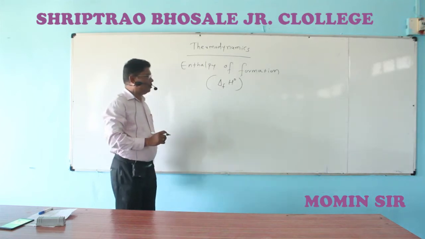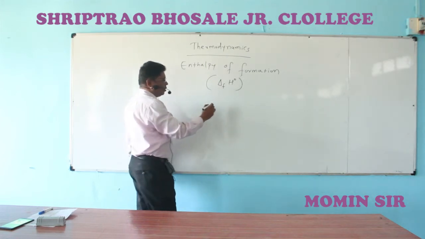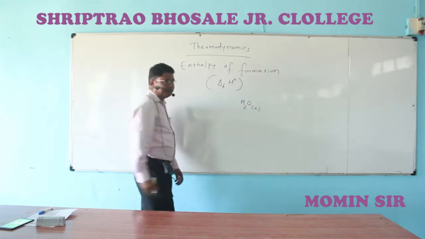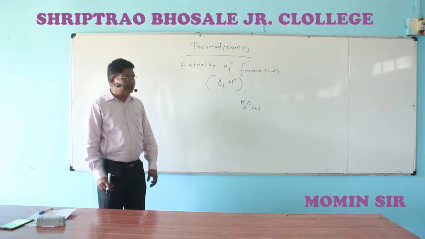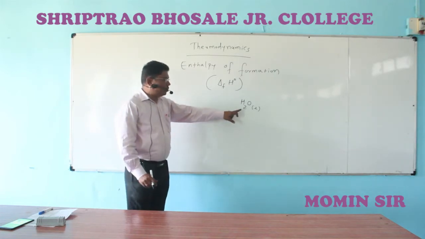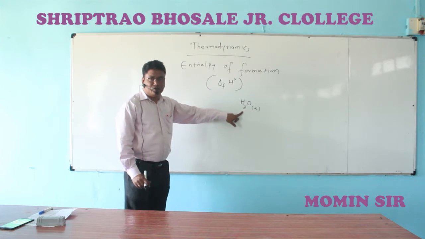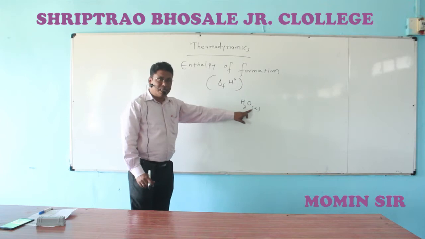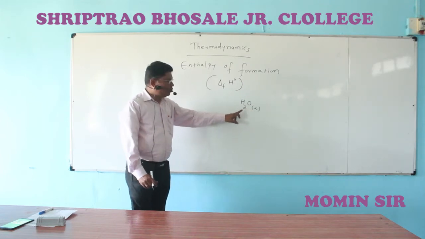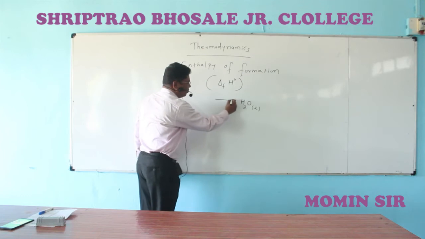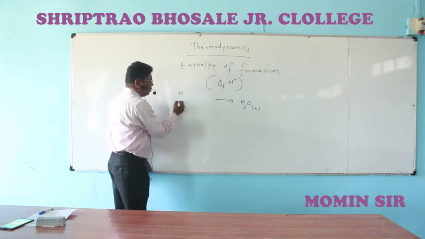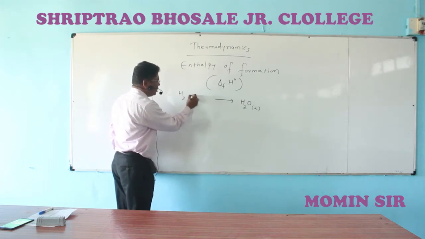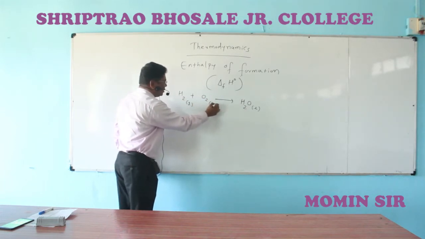You know that we want to prepare H2O liquid, that is water. As you know, water consists of which elements? Hydrogen and oxygen. So, water is formed by the reaction between hydrogen gas in its standard state plus oxygen gas.